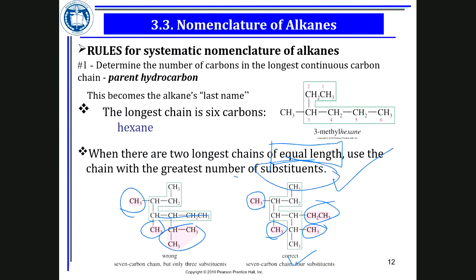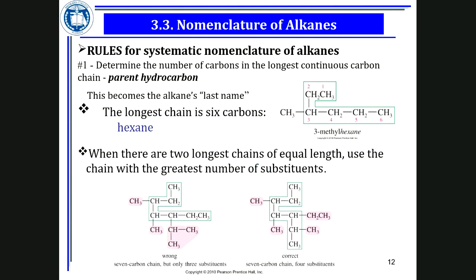Because here you have 7 carbons, 4 branches is going to be the right structure. Now we are going to number this and name it. Which way should we number? We already know that this is not the right one. This is not the right one.